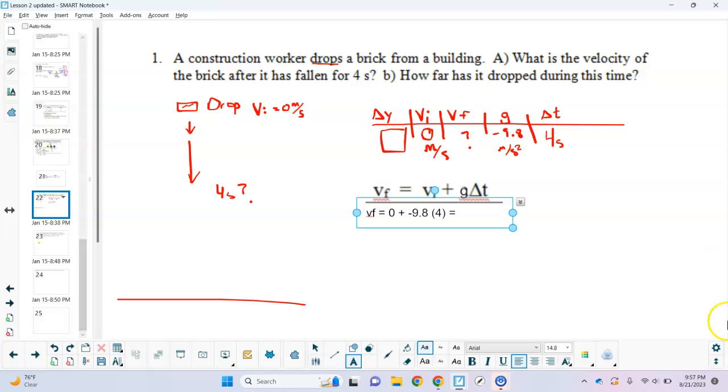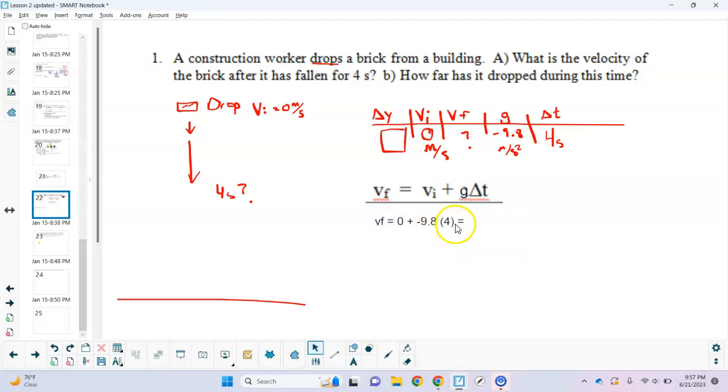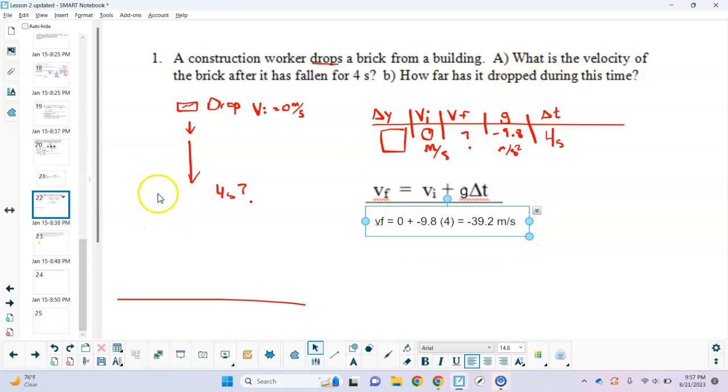So we're just going to multiply the 9.8 times 4. There we go. And for part A, you should get a value of something like negative 39.2 meters per second. Again, the negative implies that it's moving downward, so that's good because the brick is falling.